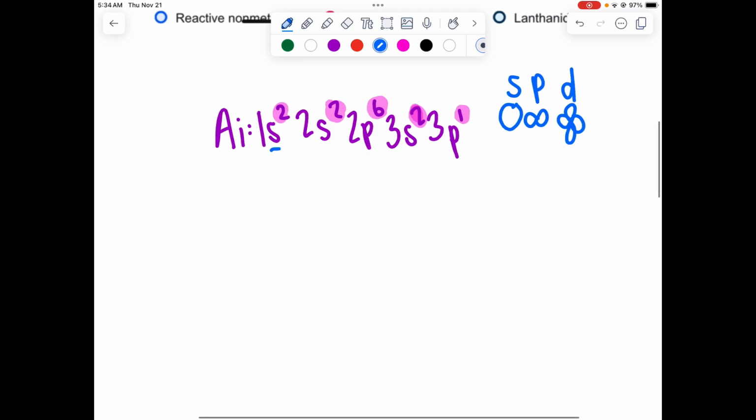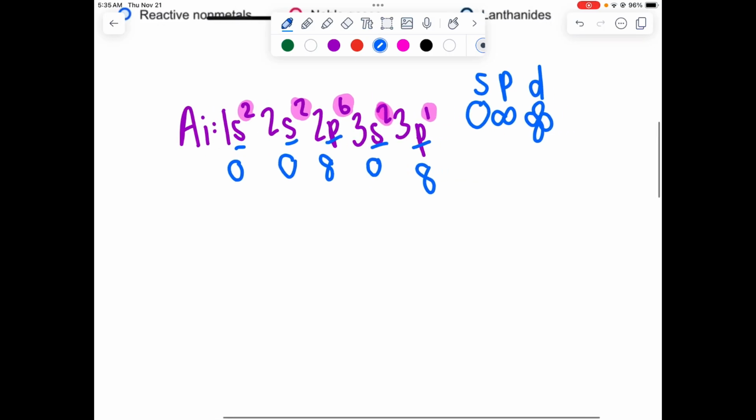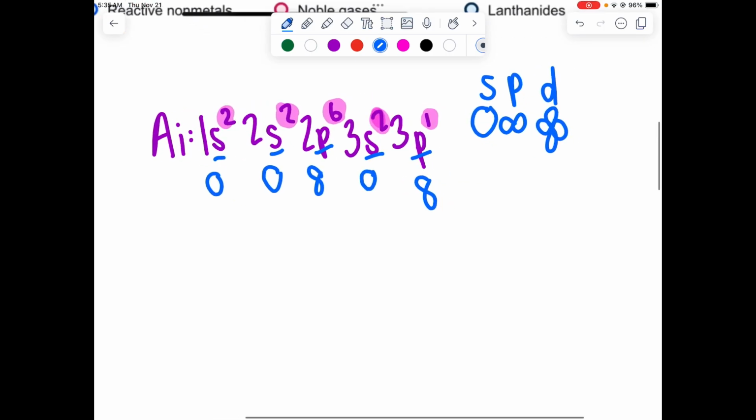So since this is S, we have one circle. This is S2, so another circle. This is P, so we have a dumbbell. This is S, circle, P, a dumbbell. And now these groups, they have boxes.